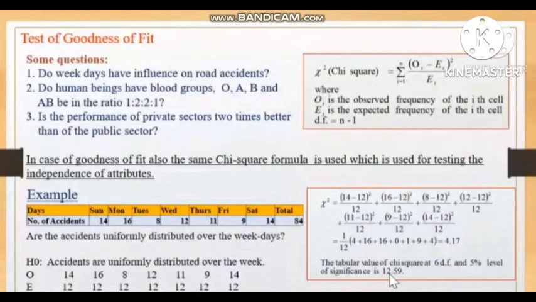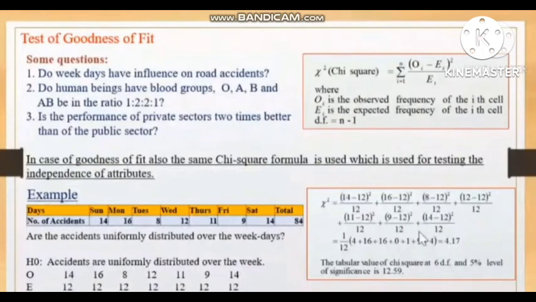Now this 12.59, we would compare with the tabular value of chi-square at what degree of freedom? n-1. How many values have we taken? 7. So 7 minus 1, that is 6. Degree of freedom will be 6. So if the calculated value of chi-square is greater than the tabular value of chi-square at 6 degrees of freedom, we would reject the hypothesis.